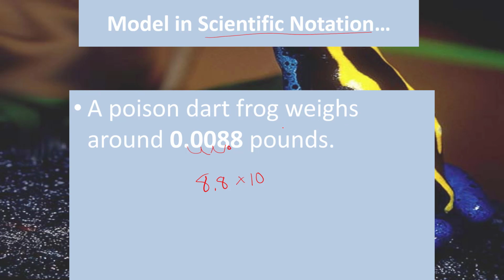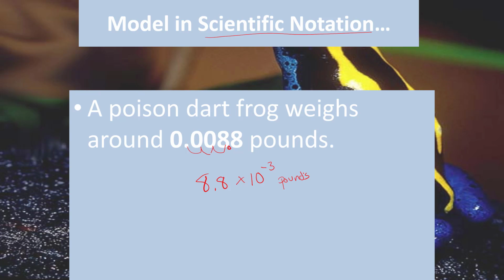Well, if I multiply 8.8 times 10, I get 88. That's going in the wrong direction, which automatically tells me we need to have a negative power. Now, how many times do I need to multiply by our negative power? 1, 2, 3 times. So we end up with 8.8 times 10 to the negative third power pounds.